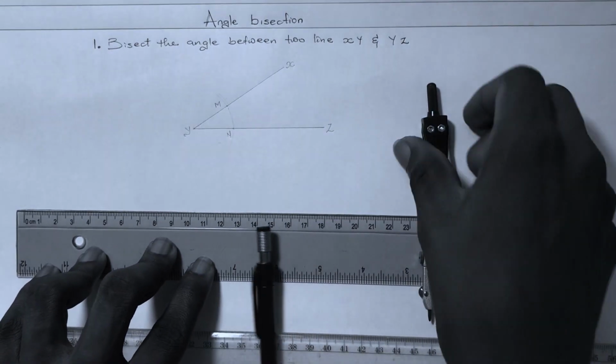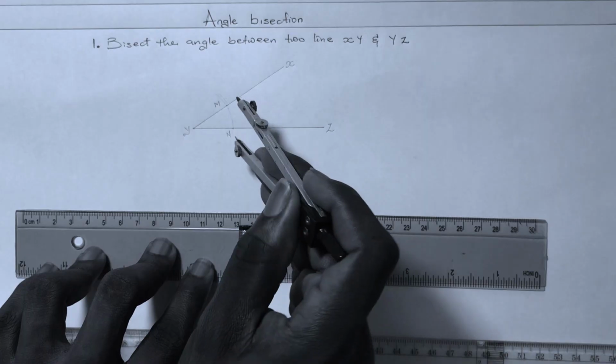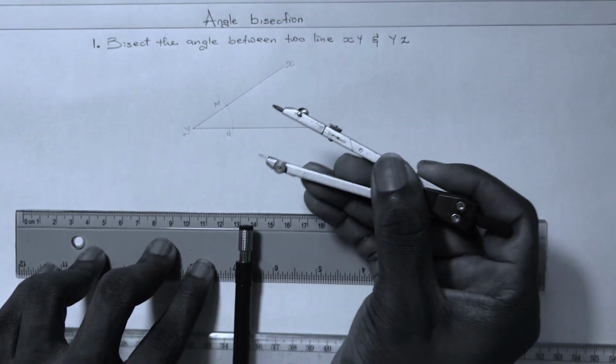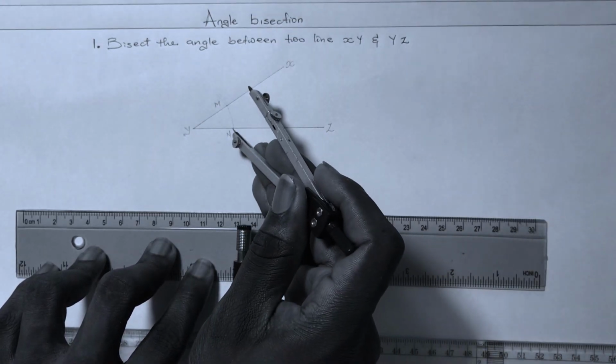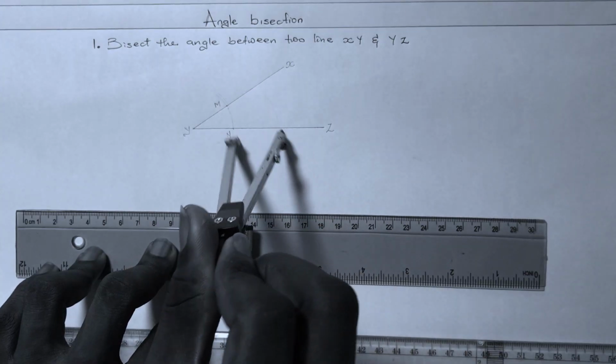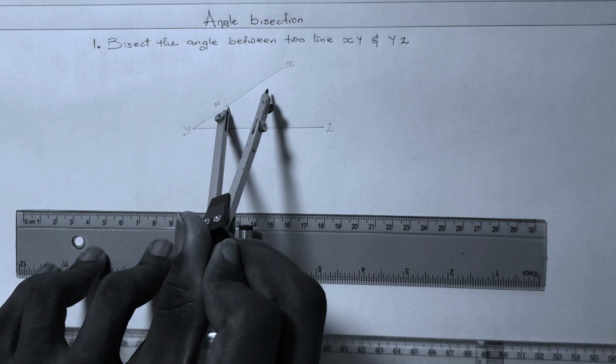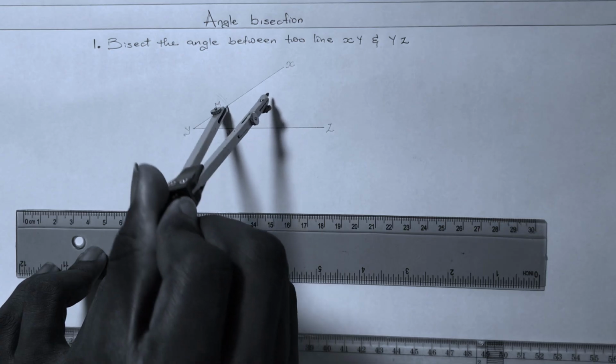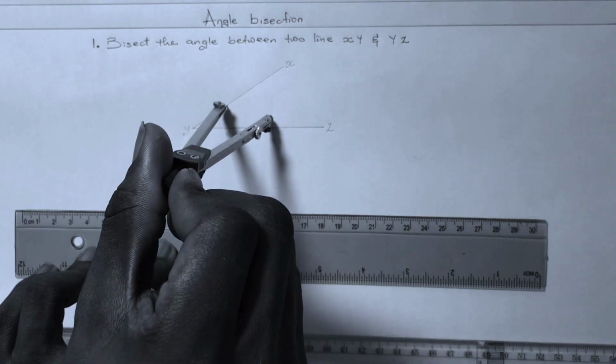From these two points of intersection, we mark another arc using any convenient radius. From point N, we mark an arc, and from point M, we mark another arc.